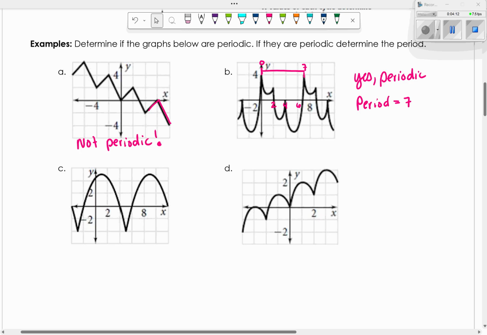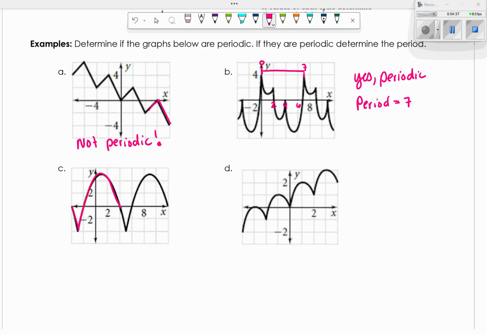Looking at the next graph here, it looks like the graph has this kind of shape here, you could say before it starts to repeat, to make it a little bit easier, and then you can see the distance from here to here. We'll use whatever works for you. So let's say I just used this distance here.